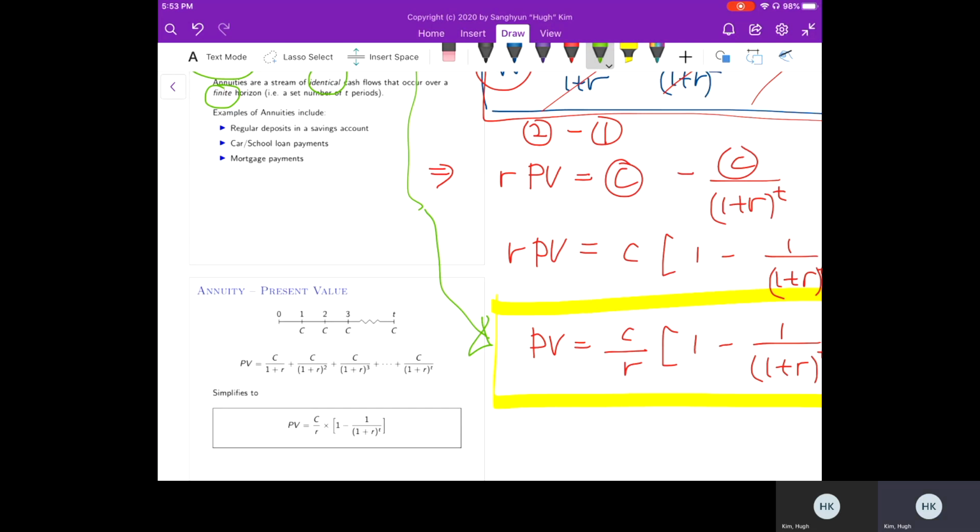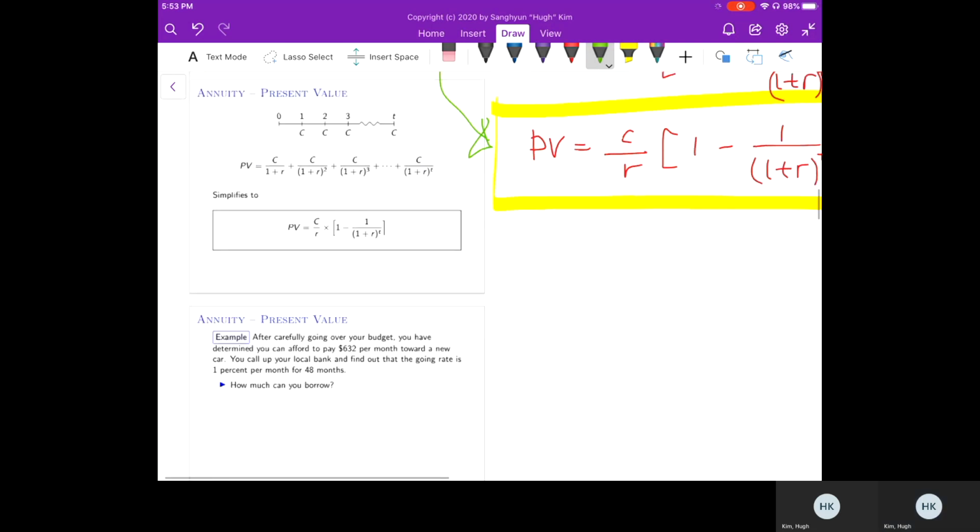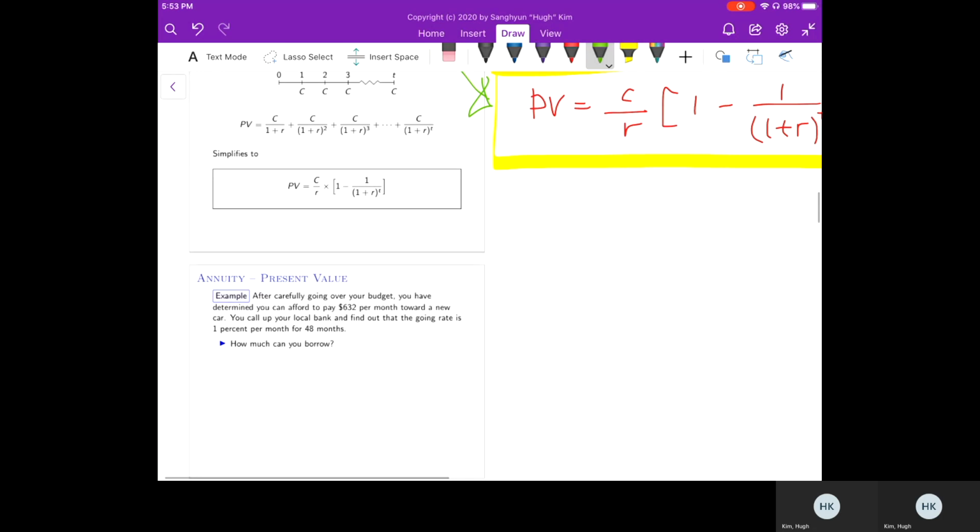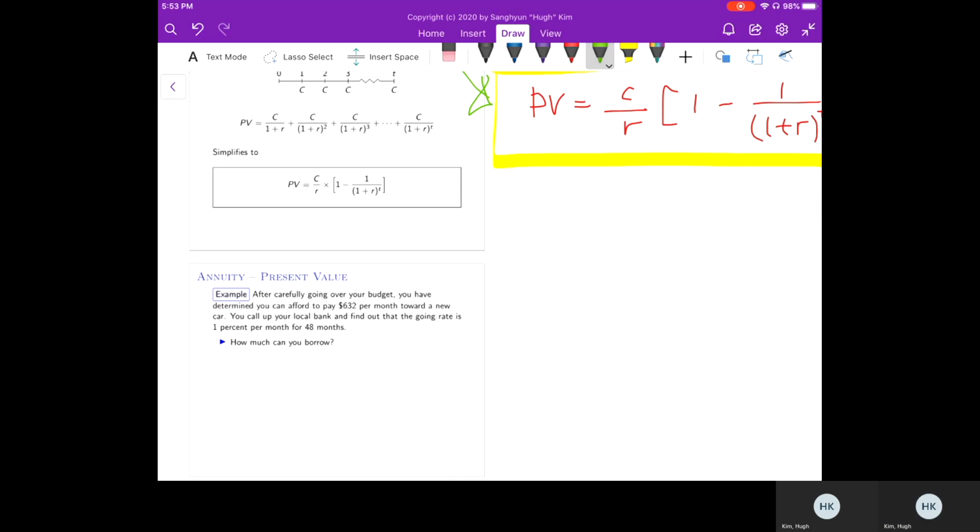Okay, let's look at some examples. So after carefully going over your budget, you have determined that you can afford to pay $632 per month toward a new car. And you call up your local bank and find out that the going rate is 1% per month for 48 months.